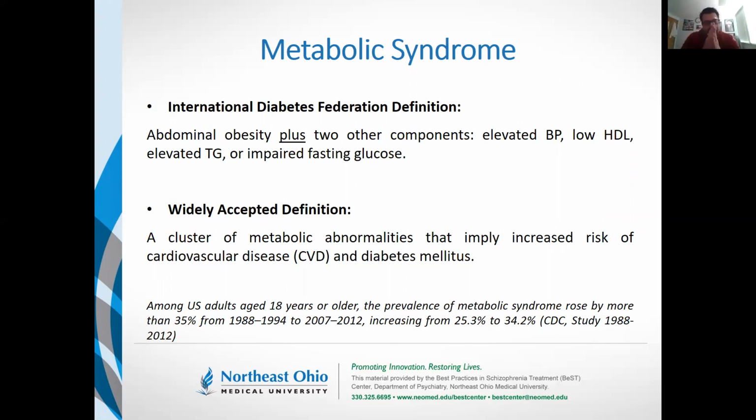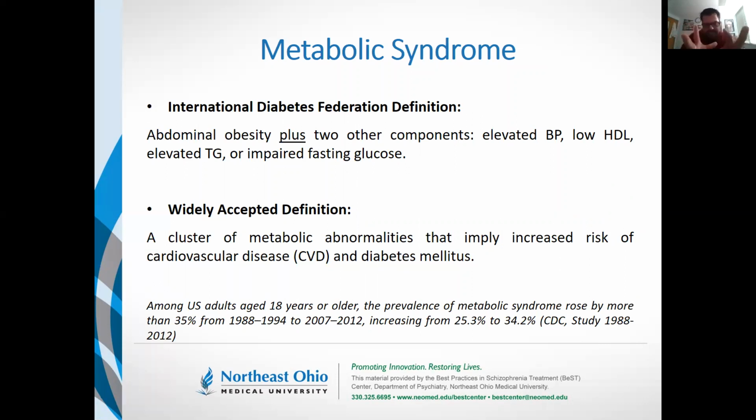So according to the IDF, or the International Diabetes Federation, metabolic syndrome consists of abdominal obesity plus two other components, such as elevated blood pressure, low HDL, elevated triglycerides, or impaired fasting glucose.